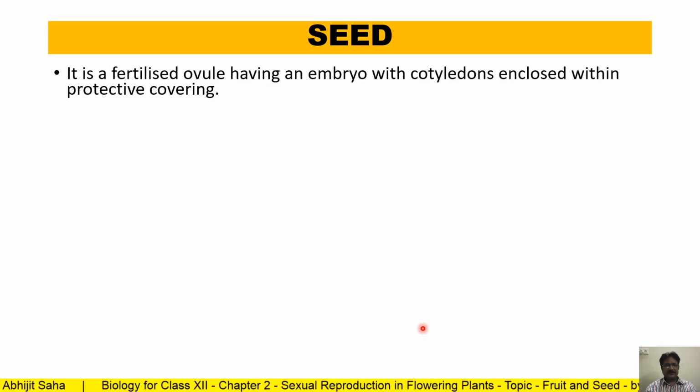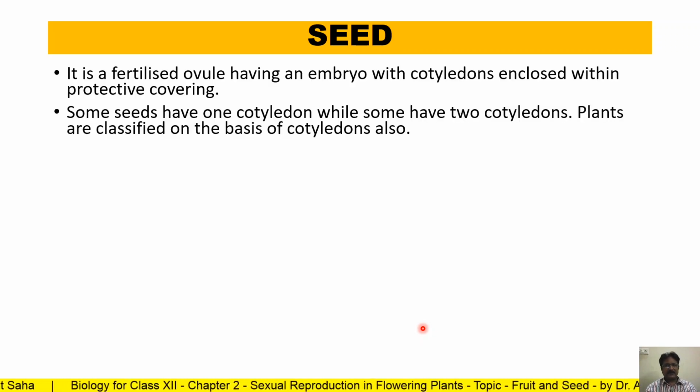Now let us see what a seed is. Seed is a fertilized ovule. A seed has an embryo and cotyledons which is enclosed within some protective covering. There are certain typical terms for this: testa and tegmen.